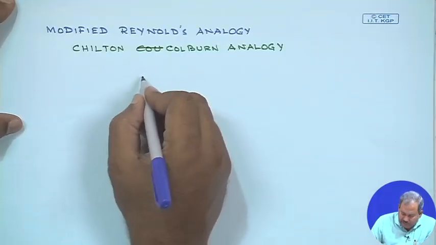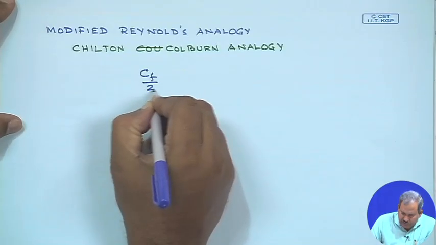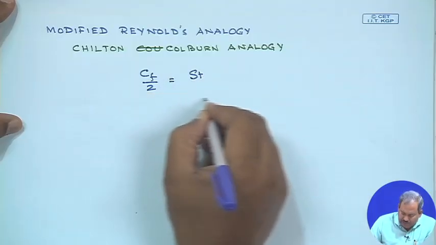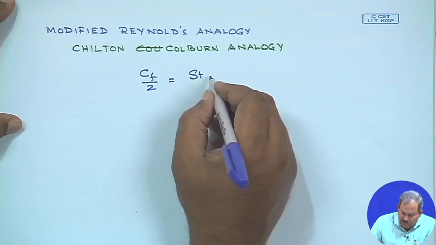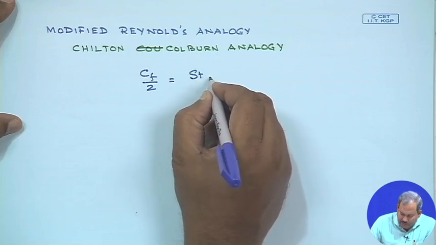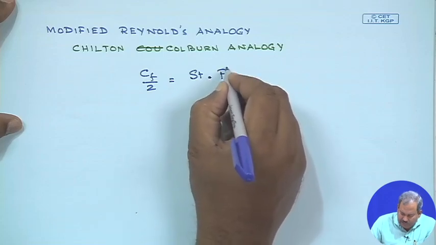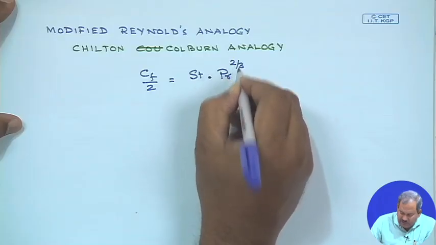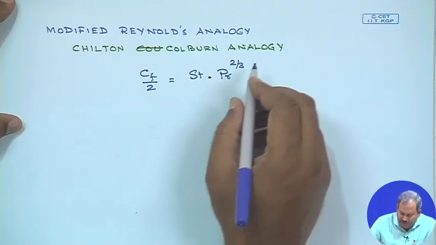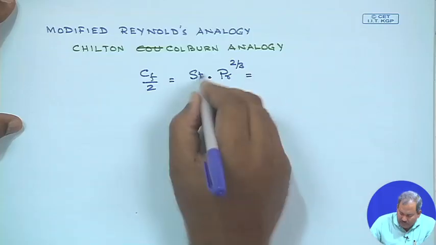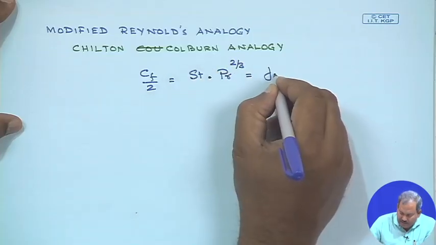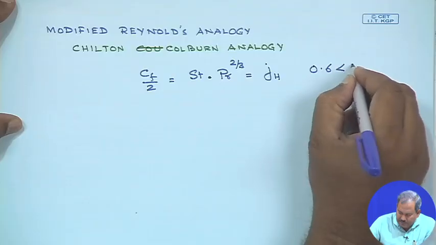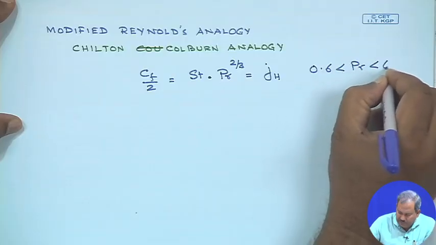It would say that Cf by 2 is the Stanton number based on heat, which is only valid for Nusselt number equal to, for Prandtl number equal to 1. But the range of this can be extended if a Prandtl number correction is added to this relation, which is called Jh, and it extends the Prandtl number from 0.6 to about 60.